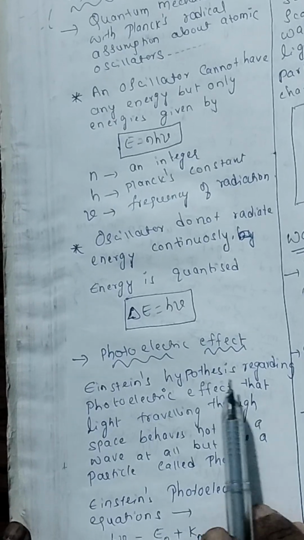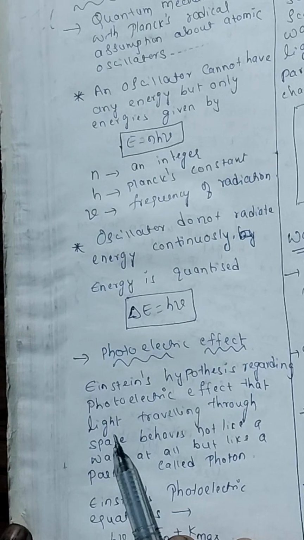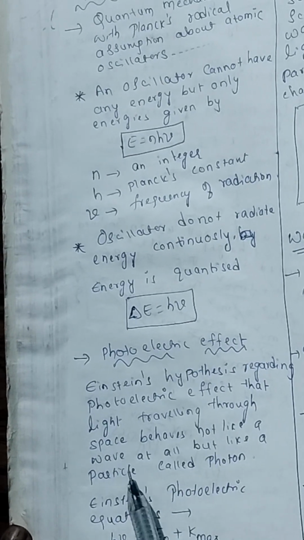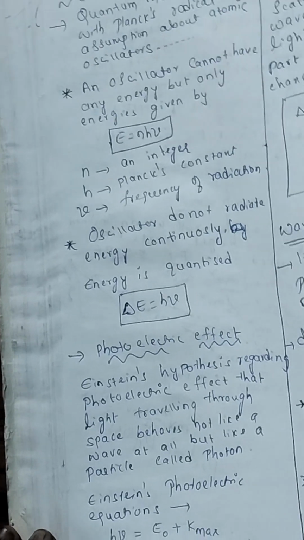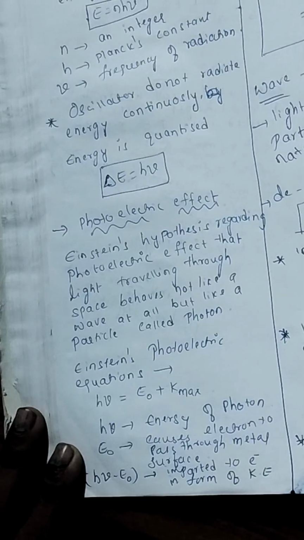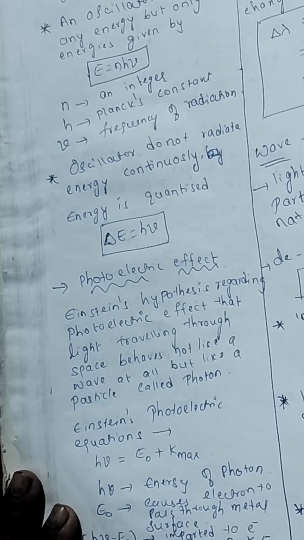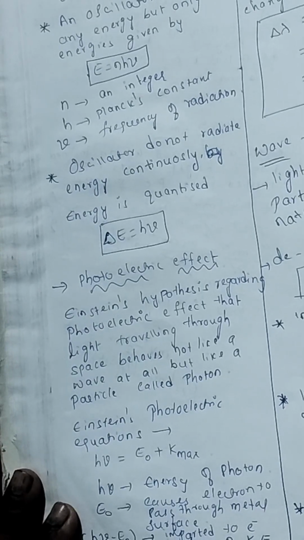According to Einstein's hypothesis of the photoelectric effect, light traveling through space behaves not like a wave at all, but like a particle called a photon. Einstein's theory says that light not only behaves like a wave, but also behaves like a particle we call a photon.